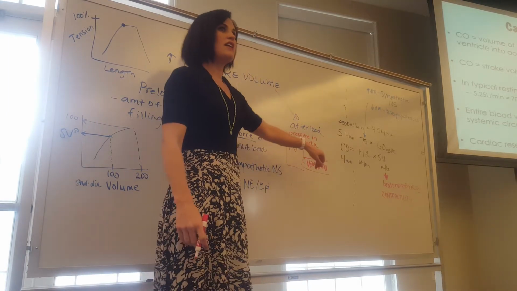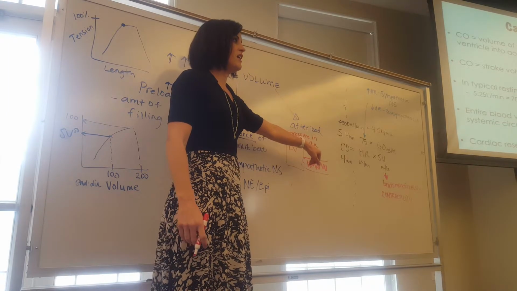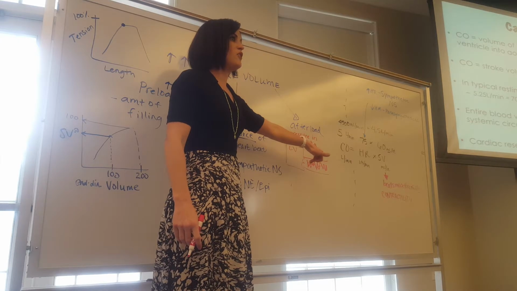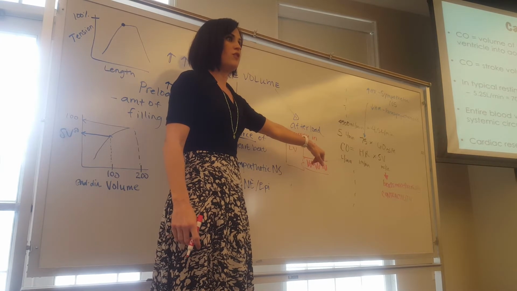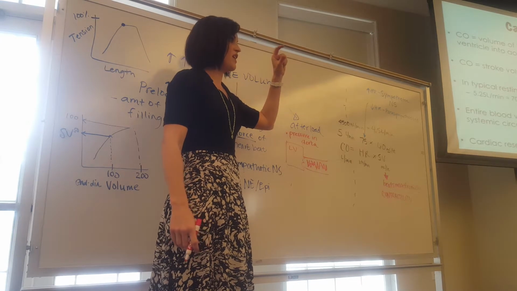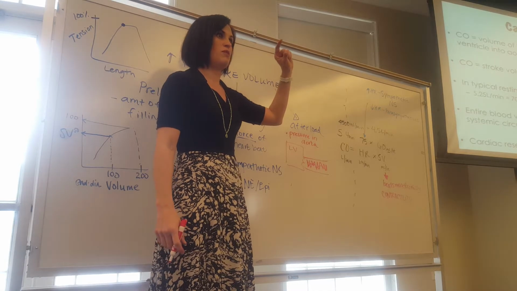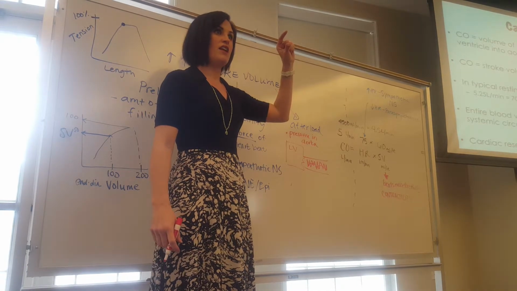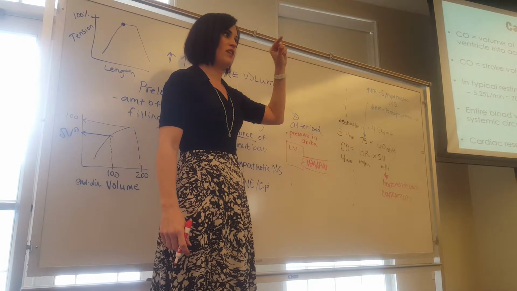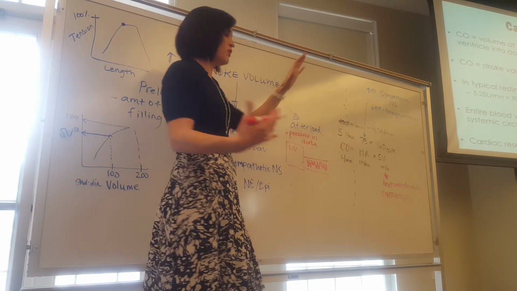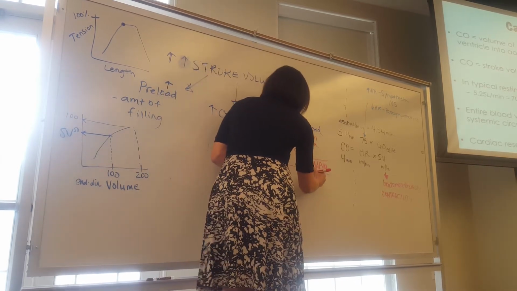Okay? Let's say that you have high blood pressure, or that the aorta is stiff. It's got like arteriosclerosis or something, so it's really stiff. All right, and you have a very high pressure in the aorta. Let's say your aortic pressure is 150. Let's say it's 180.